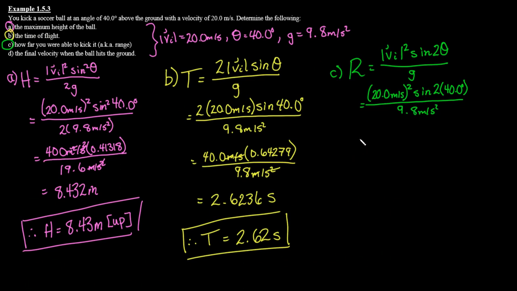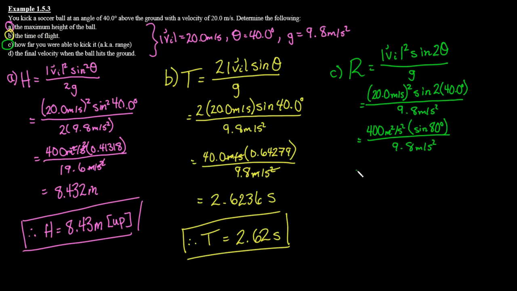So your 20 squared again works out to 400 meters squared per second squared. And that gets multiplied by sine 2 theta, which means you have to multiply the 2 by the 40. So then you're taking the sine of 80 degrees, and then that's still divided by your g of 9.8 meters per second squared.